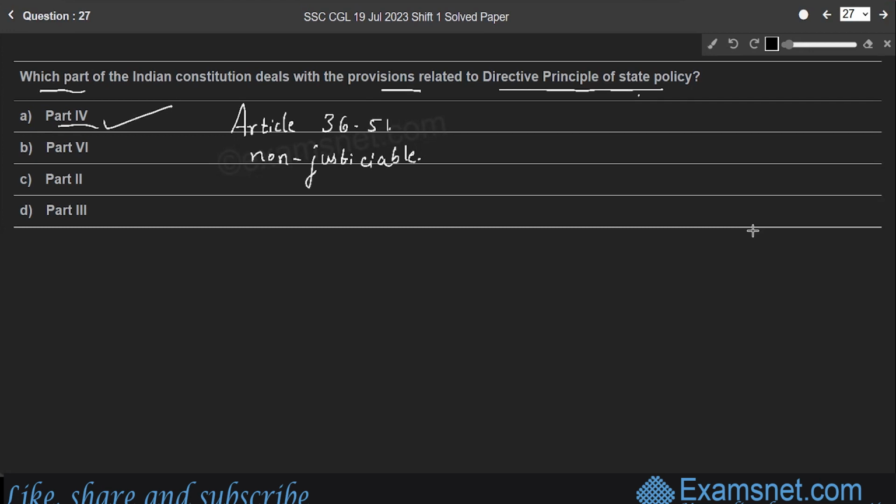They act as directives to the government to create any law. They act as an instrument of instructions.